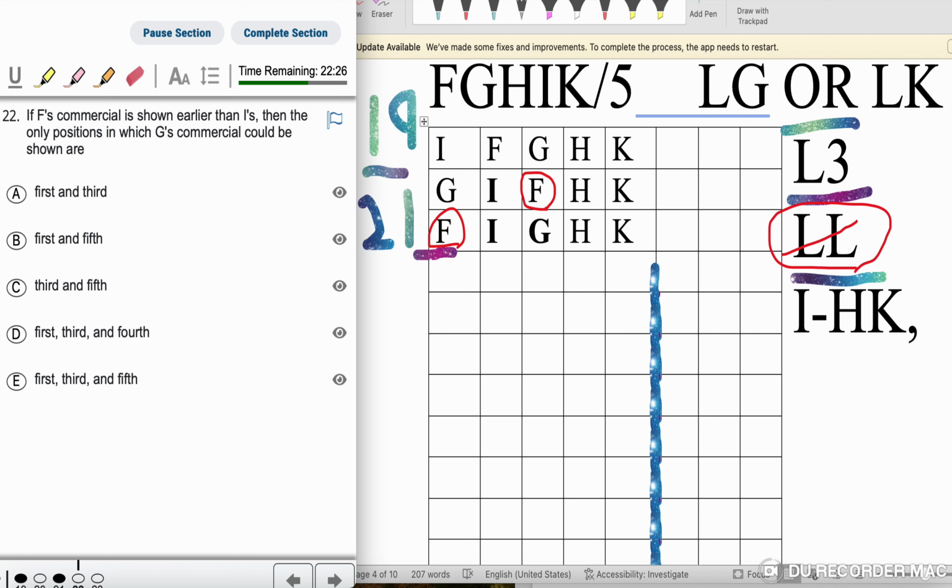Question 22. If F commercial is shown earlier than I, then the only position in which G commercial can be shown are?